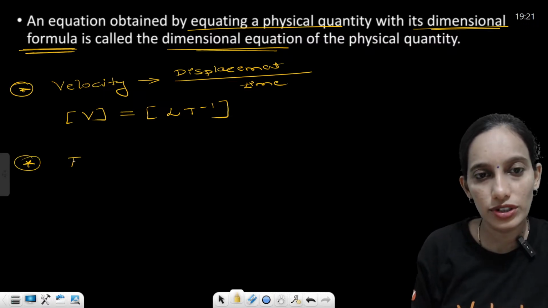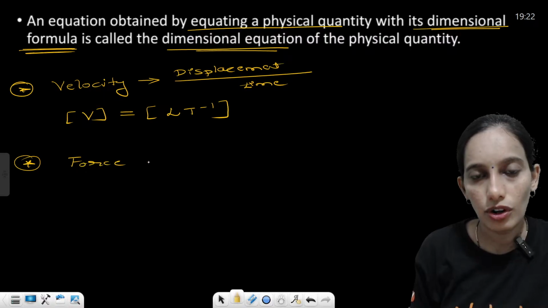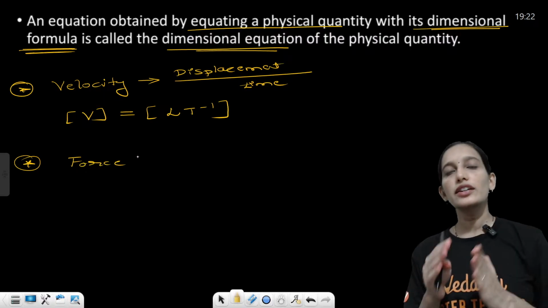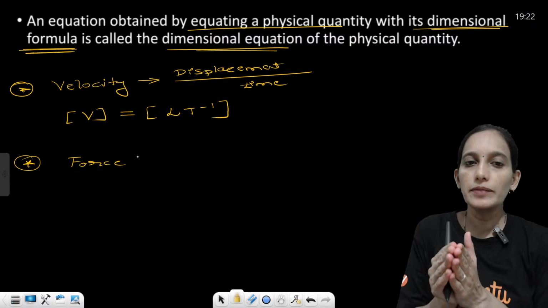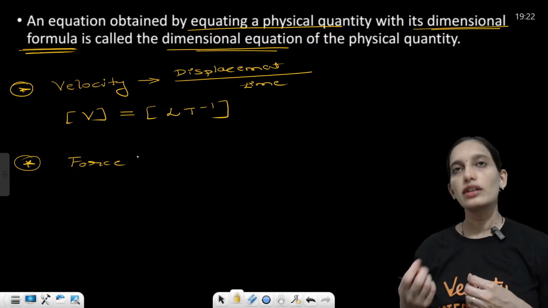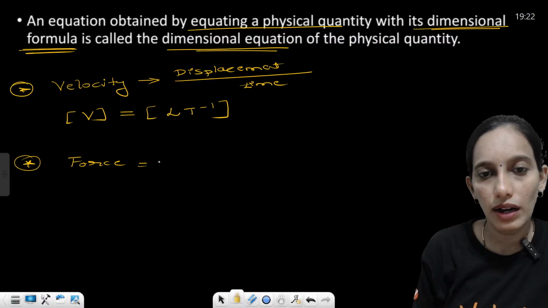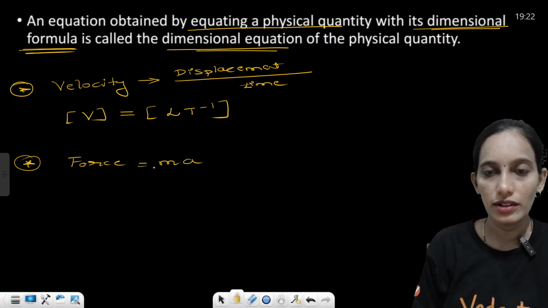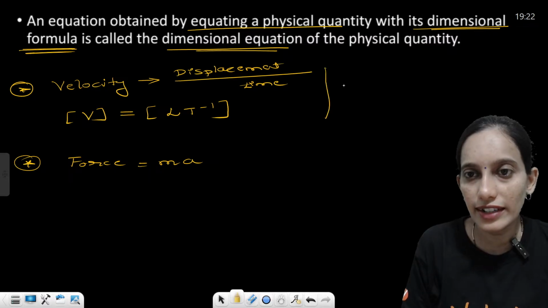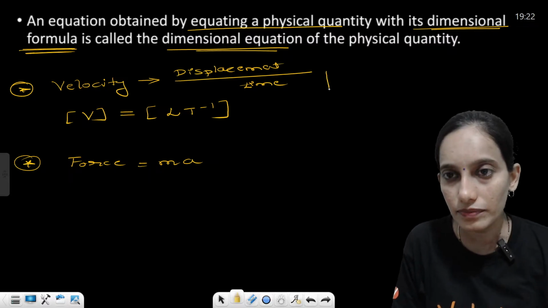Next is force, I say. So how do you define force? So either you should know the unit of that quantity or you should know the formula. Whichever is easy, we can follow that. So force, I know, is mass into acceleration. Okay, before that we'll try to write the dimension of acceleration as well.